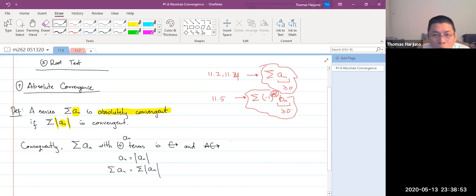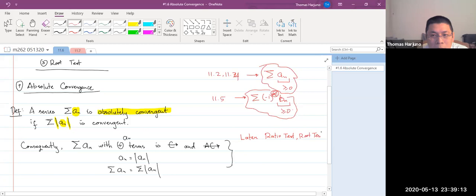Now, why do I say so? Here's the thing. Later, you will see we apply the ratio test and root test. They can be used for absolute convergence. Okay, it's actually the ratio test and root test that are for absolute convergence.